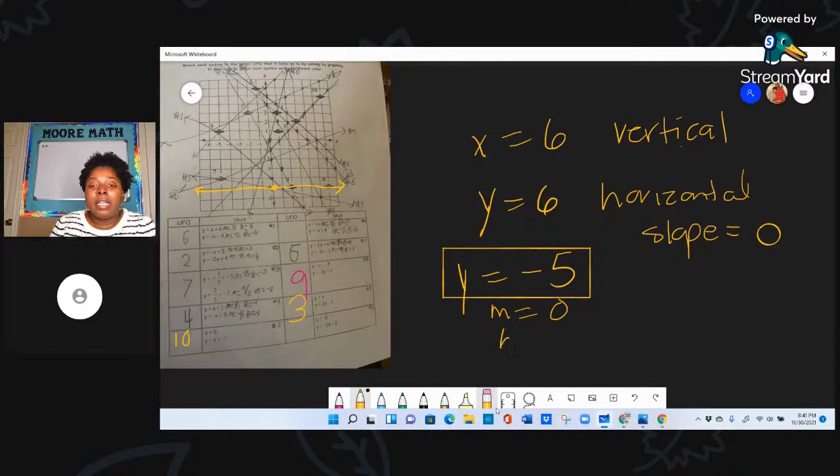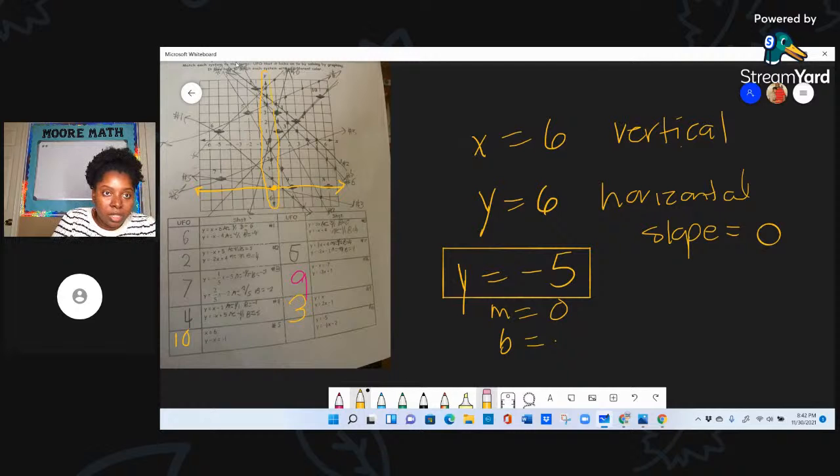Where did it meet the y-axis? What number? For this line right here, where does it touch the y-axis? So this is the y-axis right here.